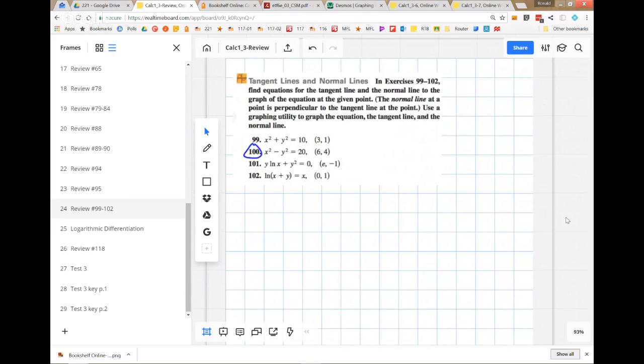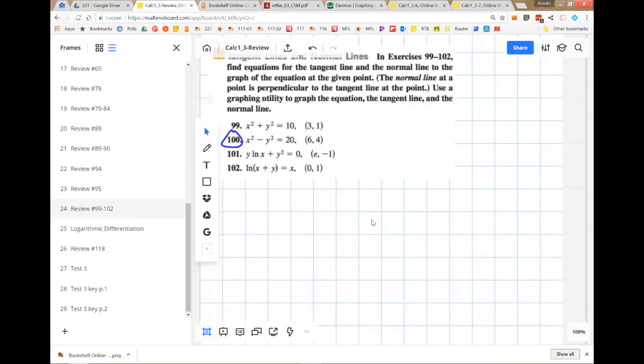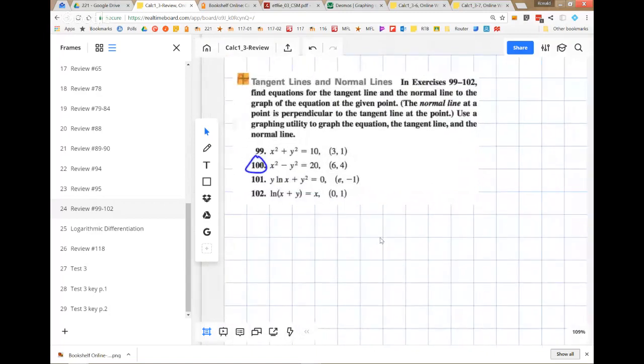So you see in number 100, we're given the equation x squared minus y squared equals 20. And you're supposed to find, if you look in the directions there, the equations for the tangent line and something called the normal line.